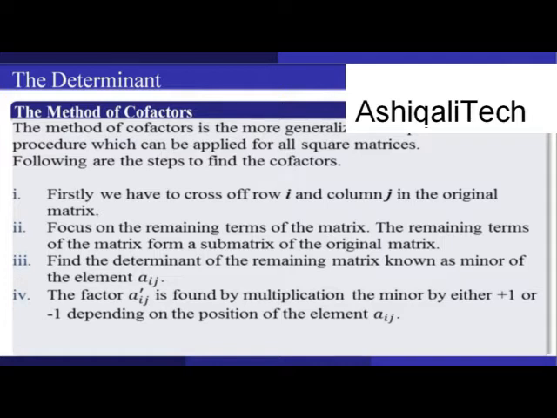The remaining terms form a submatrix of the original matrix. Number 3, find the determinant of the remaining matrix, known as the minor of the element Aij. Number 4, the cofactor Aij prime is found by multiplying the minor by either +1 or -1 depending on the position of the element Aij.